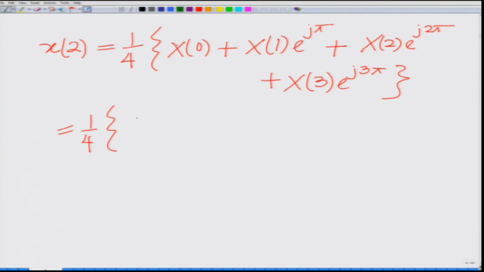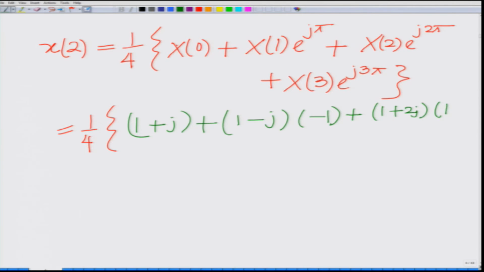This is 1 plus j plus 1 minus j times minus 1, e power j pi is minus 1, plus 1 plus 2j into e power j 2 pi is 1, plus 2 minus j into minus 1, and what is this?